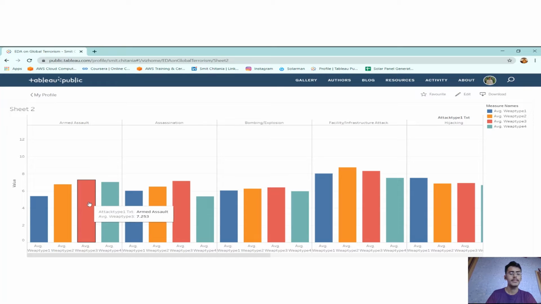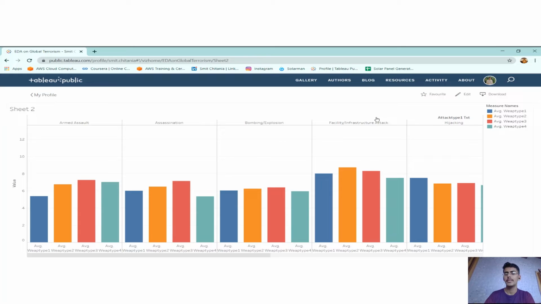On average, weapon type 3 is mostly used, and weapon type 1 is used the least. In assassination attacks, weapon type 3 is mostly used. During bombing explosions also weapon 3. So we can see that weapon 3 is the type mostly used among the terrorists.